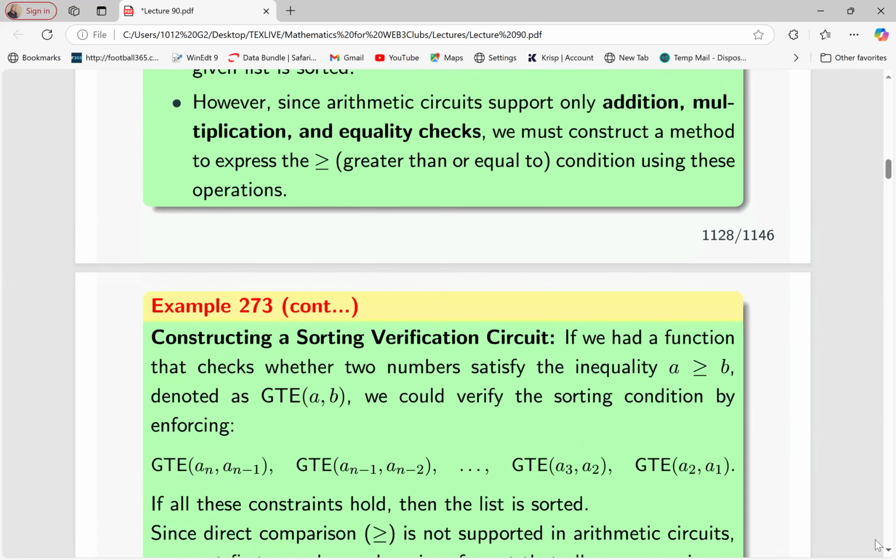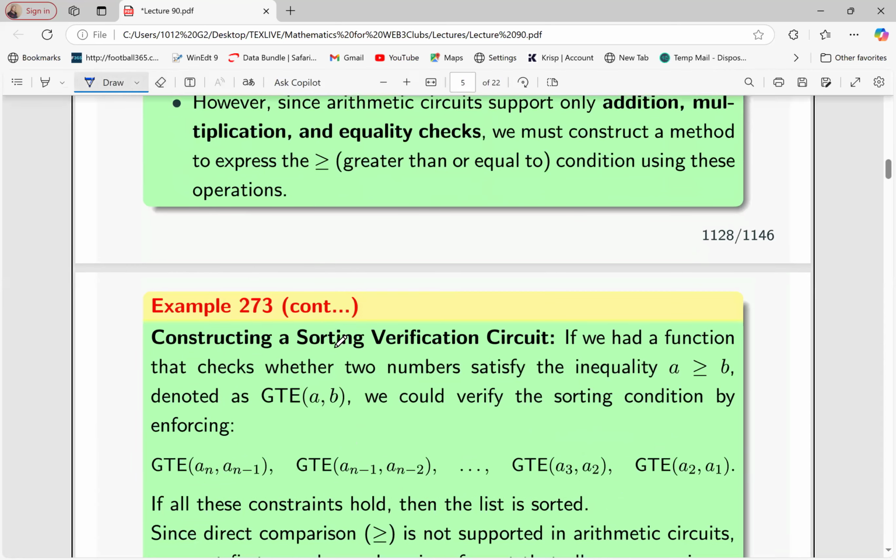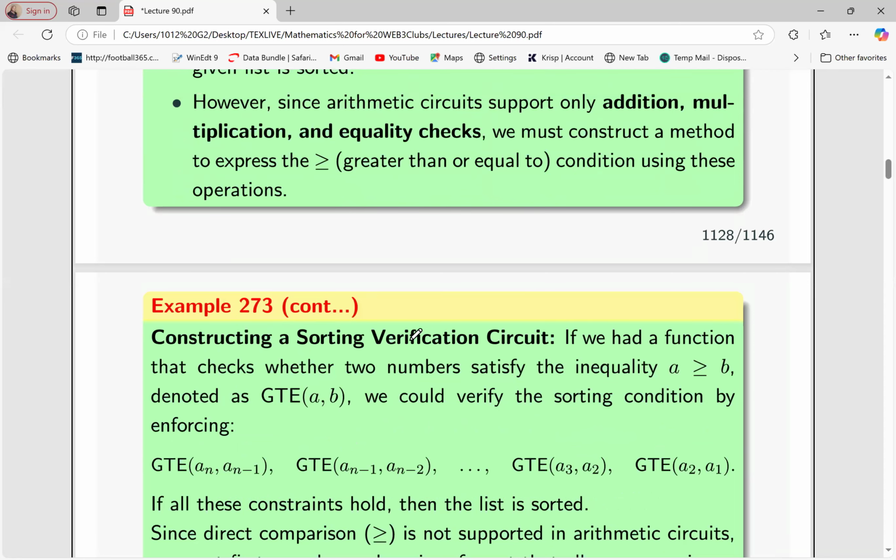So I want us to look at constructing a sorting verification circuit. How do we construct a sorting verification circuit? In other words, how do we come up with an equation that can verify that a given list is sorted?